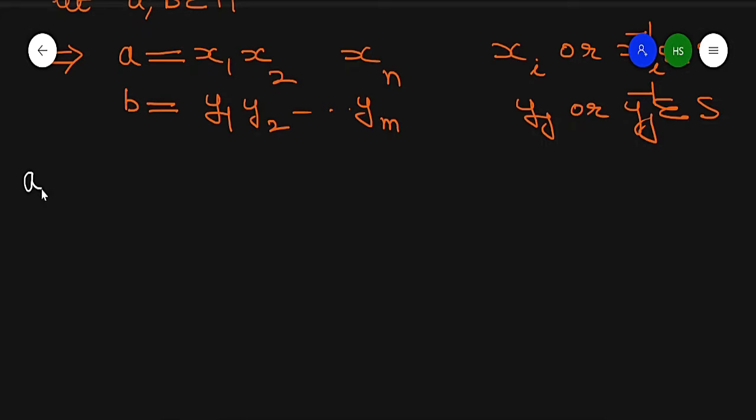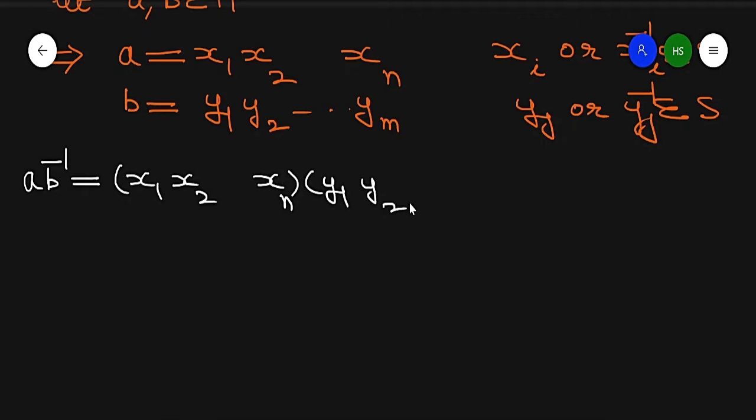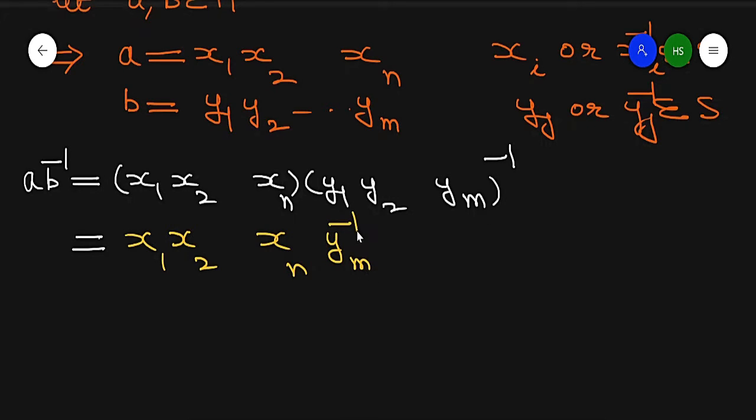Now to prove the subgroup, I will take a b inverse. So what is a b inverse? It is x1 x2 up to xn times y1 y2 up to ym, inverse. This can be written as x1 x2 up to xn, and then ym inverse, y(m-1) inverse, up to y2 inverse, y1 inverse.